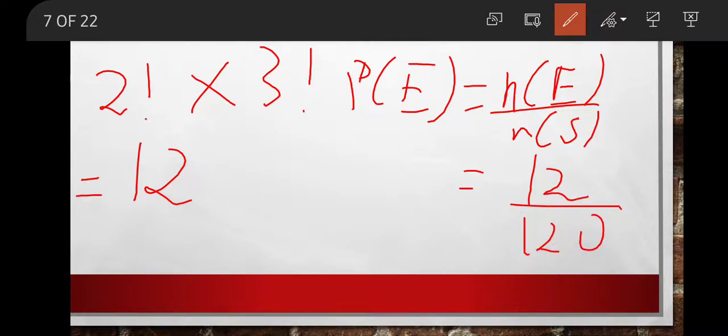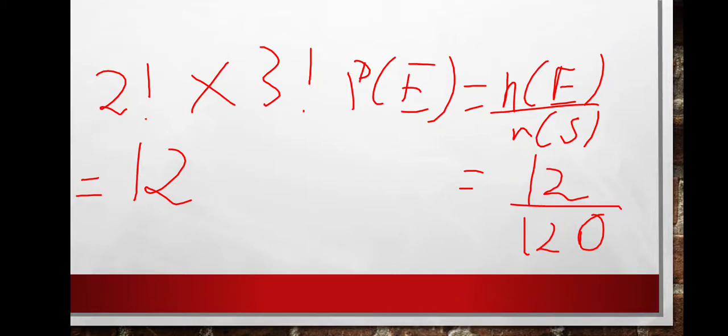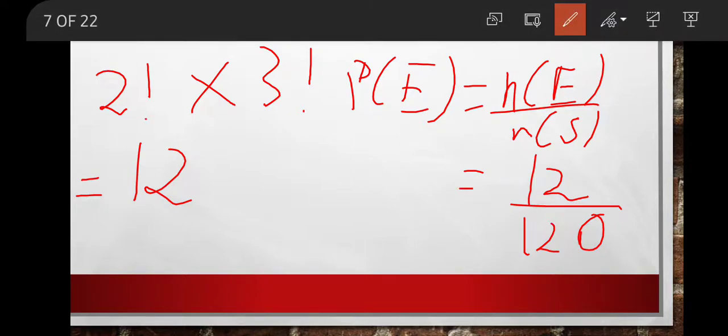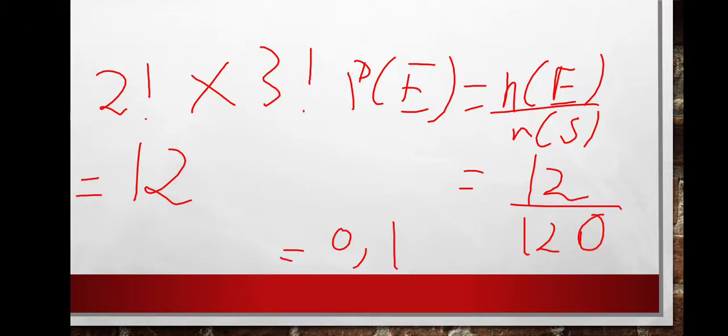So we can have 120 arrangements formed. And here, if we are told S and T must always come as the first letters, then we can only have 12 options of doing that, right? Then 12 divided by 120 is going to give us 0.1, and that becomes your probability, right?